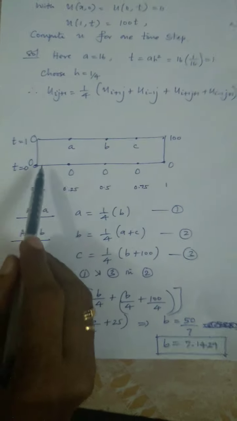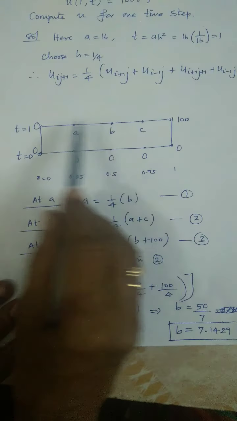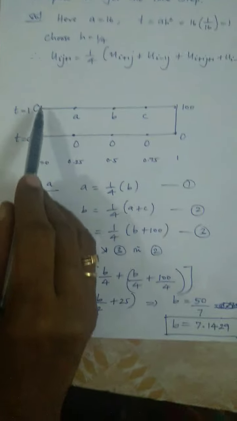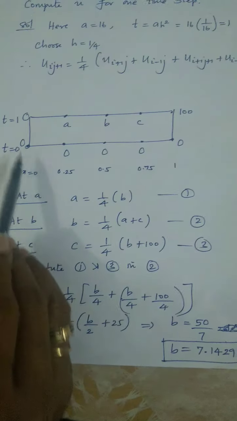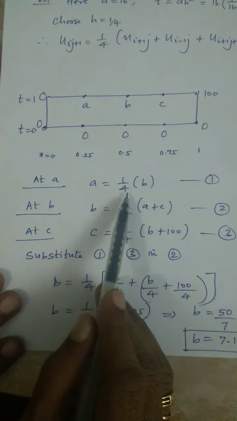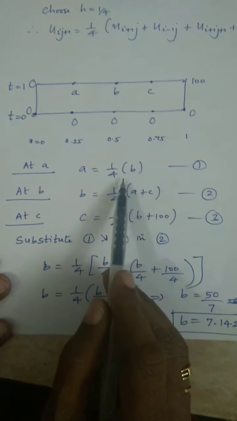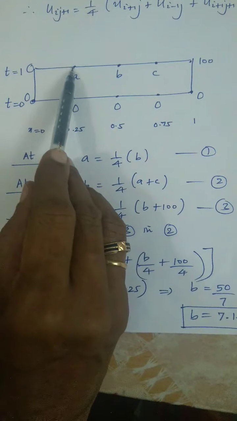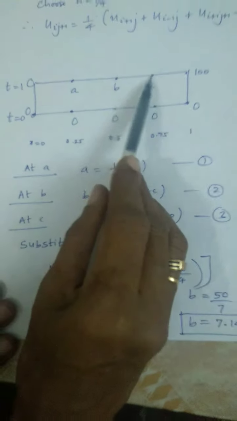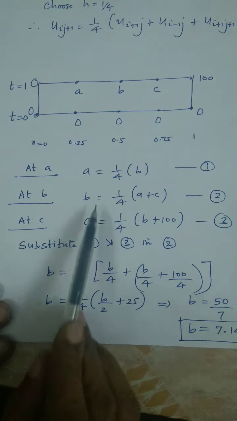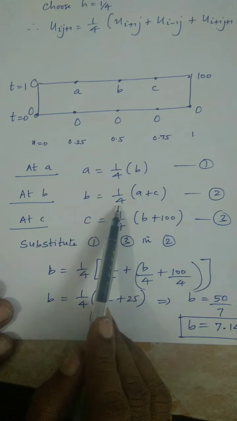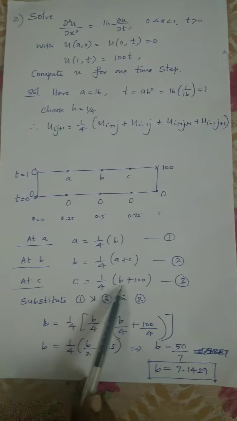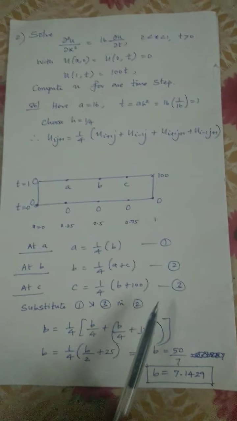At A, I take the average value of these 4 nodes: 0, B, 0, 0. So 0 plus B plus 0 plus 0 gives A equals 1/4 of B, equation 1. At B, the average value of A, C, 0, 0, so A plus C divided by 4. At C equals 1/4 of B plus 100, equation 3.